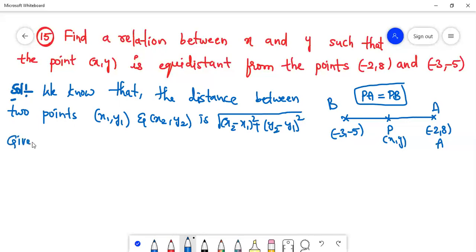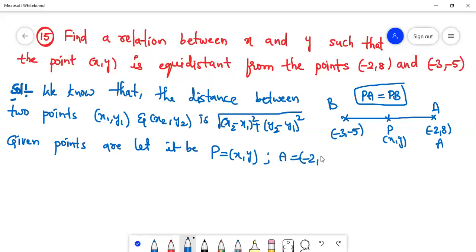Given points are, let it be, P equal to (x, y), A equal to (-2, 8) and B equal to (-3, -5).